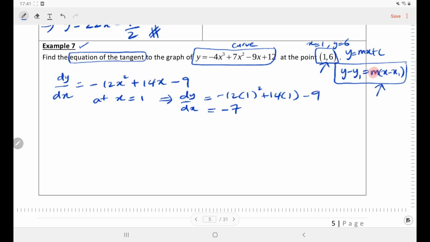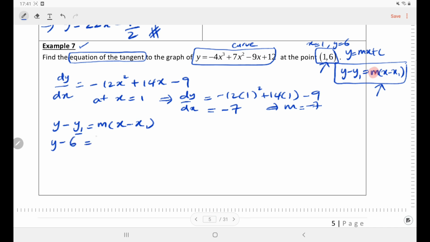So now, once kita dah dapat kita punya M, ni M kita, negatif 7, kita akan guna formula yang kedua tadi. Ni cara lain lah kalau tak nak guna y mx plus c, kita boleh guna yang ini. Okay, so kita akan gantikan y ni, tak apa, kita tak ganti apa. Y1 bermaksud titik pada titik kita, nilai y, iaitu 6.